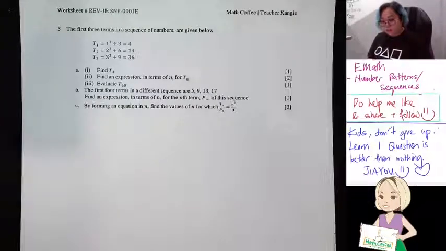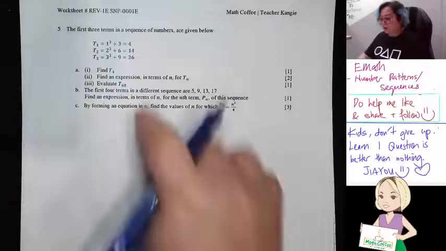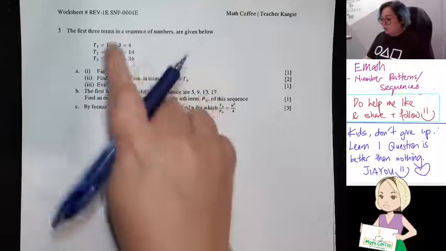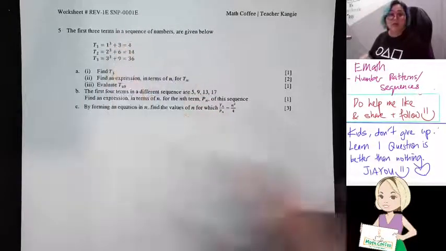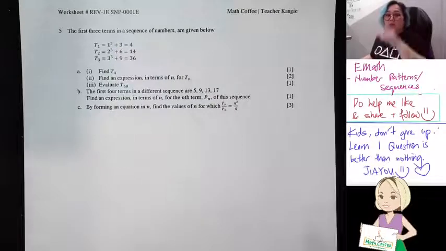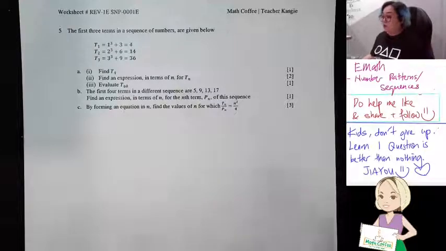This is slightly up a little bit level because we have actually 2 columns. Okay, we have 1 cube, 2 cube, 3 cube, plus 3, plus 6, plus 9. This type, it will not be the same as the first 4 questions. First 4 questions are very straightforward. It's just first term, the pattern, and then after that n minus 1. So this one, you have to look at the sequence.